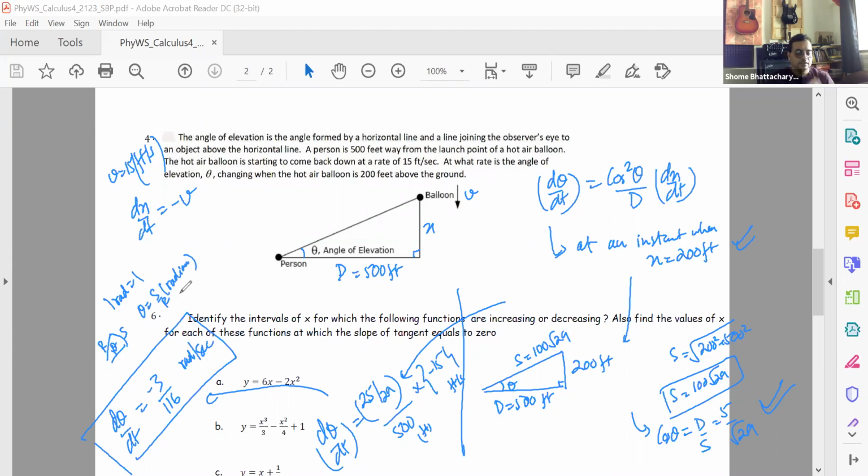So 1 radian is just the numerical one, just the number 1 without any unit. So if d theta by dt is 1 per second, it's equivalent to 1 radian per second. So if it is x per second, it's equivalent to x radians per second. Hence, the unit of the rate of change of angle here will be in radians per second when we calculate it this way.